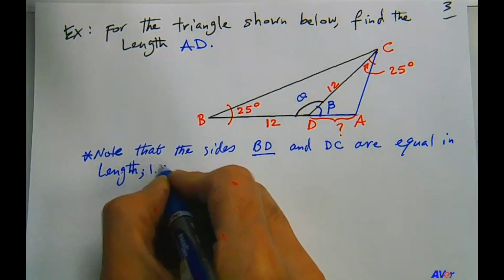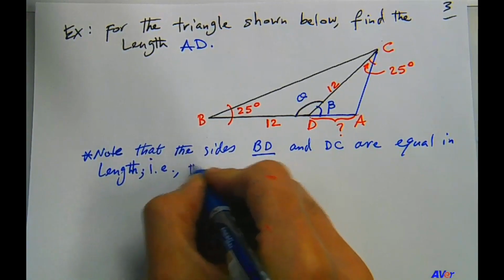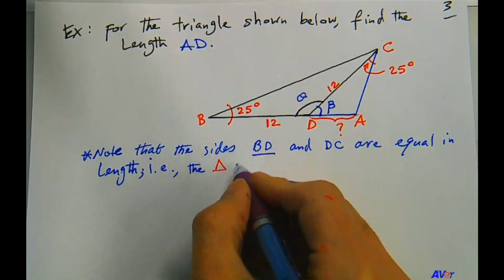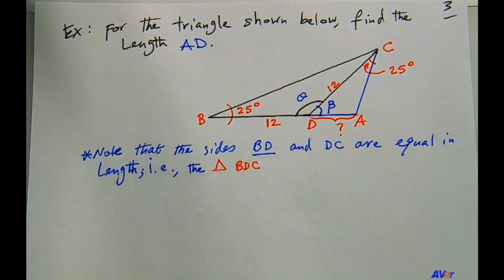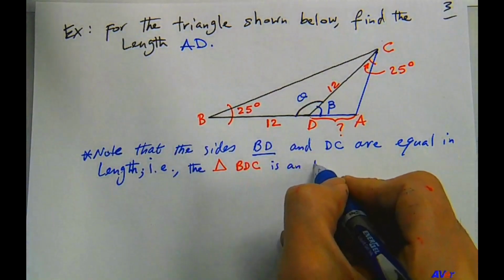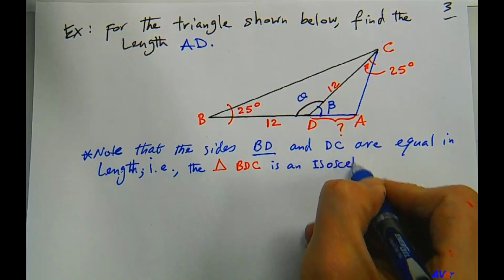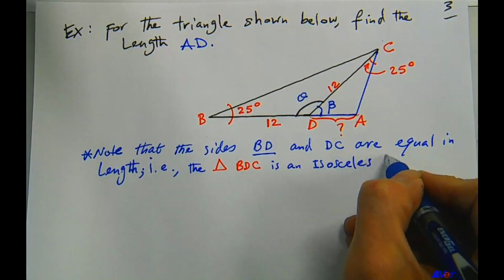So, i.e., the triangle BDC is an isosceles triangle.